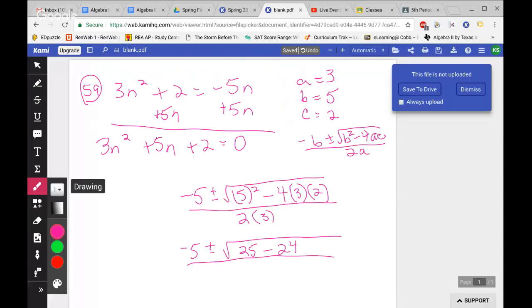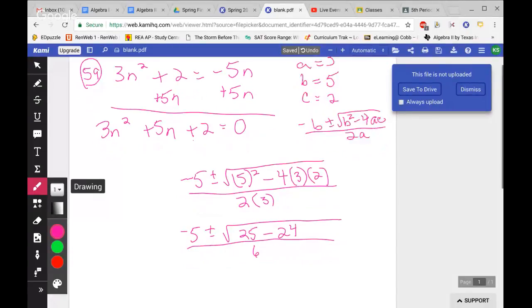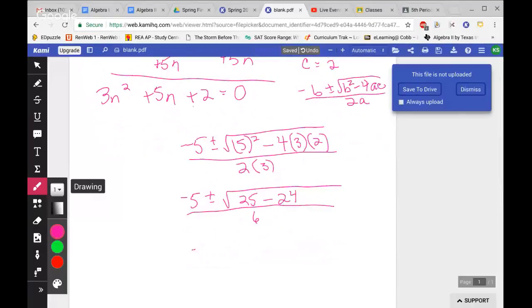All over 2 times 3, which is 6. Now we have negative 5 plus or minus the square root of 1 over 6. What is the square root of 1? 1. Good job.